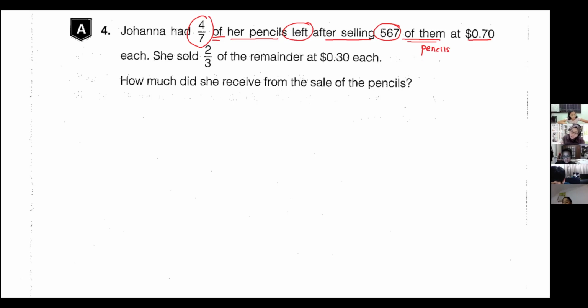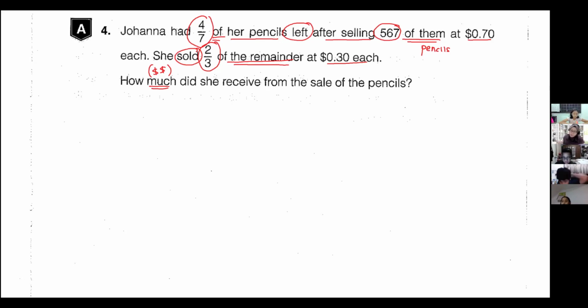Okay. She sold 2/3 of the remainder at 30 cents each. So how much? How much means the total money that she is going to get from the sale of the pencils?